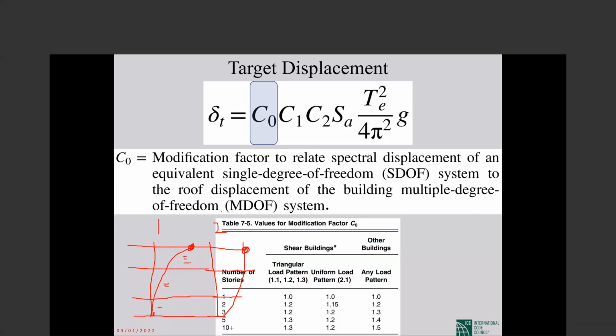So any system that has bending will stiffen the bottom stories, but it can't stiffen the top stories. You can see the drift in the top stories is much more.